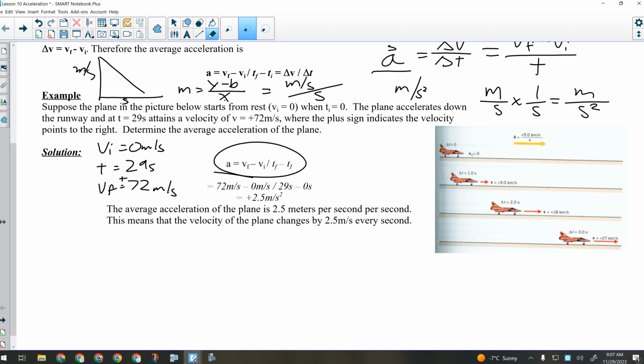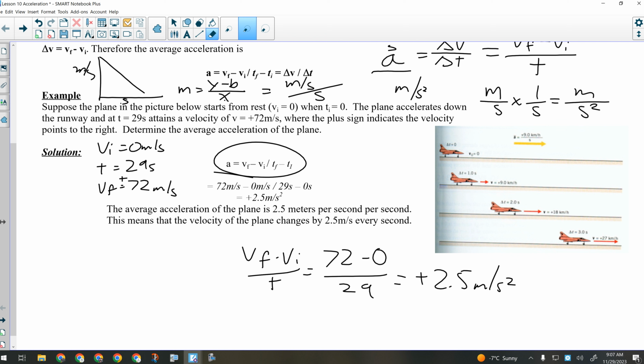Ti is going to be 0, so I can really just say Vf minus Vi over T: 72 minus 0 divided by 29 seconds. It's going to give me positive 2.5 meters per second squared. So that plane goes 2.5 meters per second faster every second.